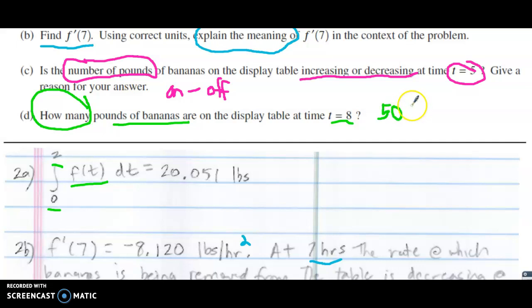And then people came into the store and they started removing bananas, so we're going to have to subtract the bananas that they removed, and then the people in the store started adding bananas. So that's the framework for the integral that we're going to write.